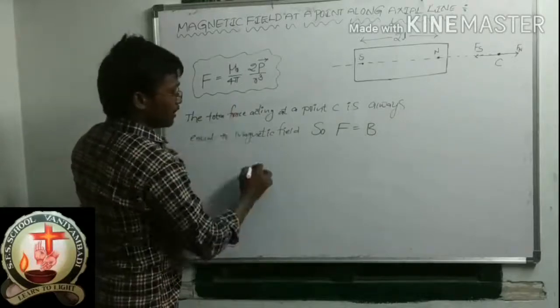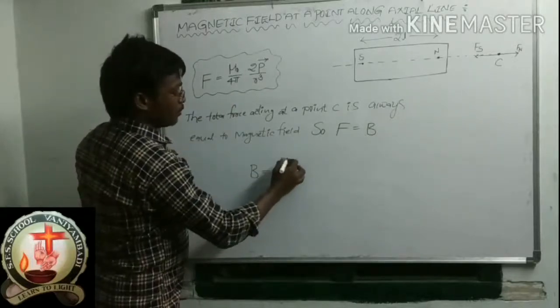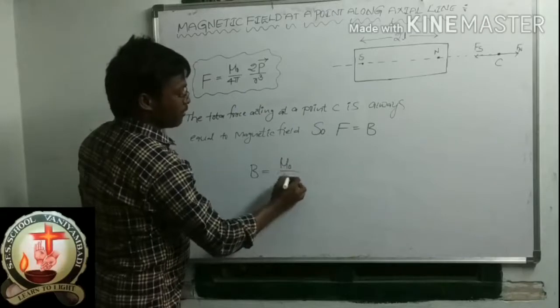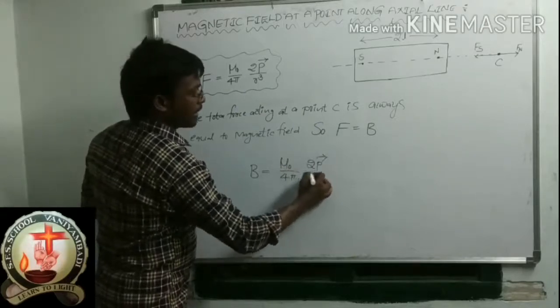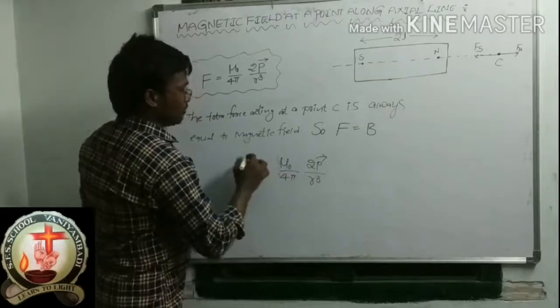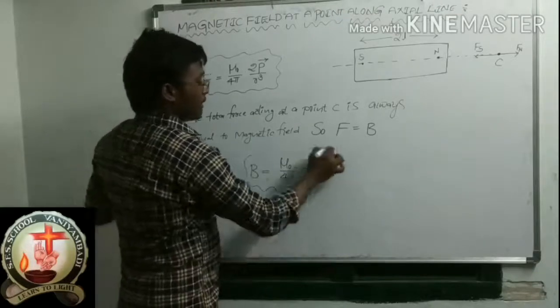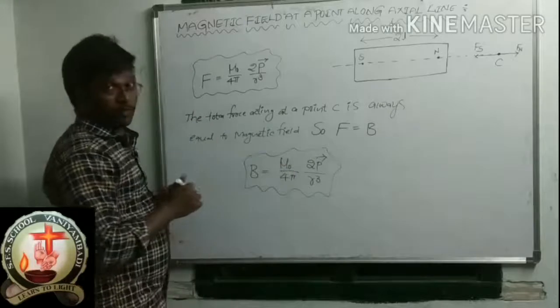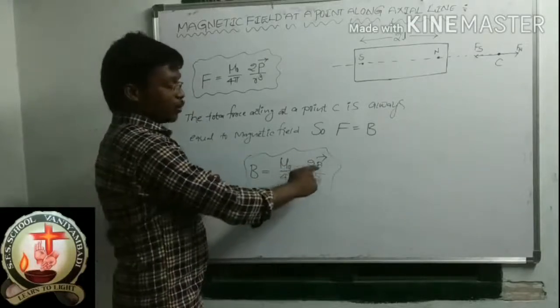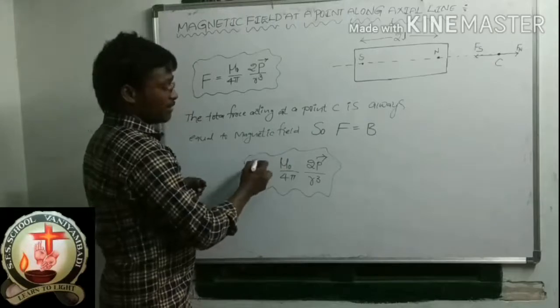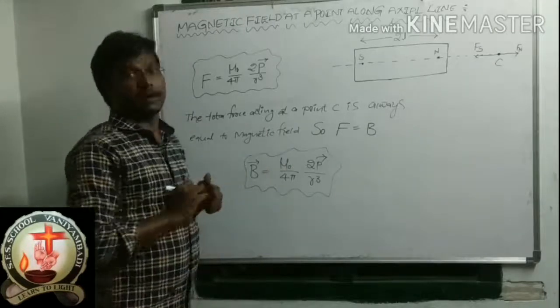So substitute here, B is equal to mu naught by 4 pi 2 P bar by r cube. This is the magnetic field. Magnetic field, which term can we denote? B, right? So magnetic field is equal to mu naught by 4 pi into 2 P bar by r cube. It is a vector, so you can indicate B bar.